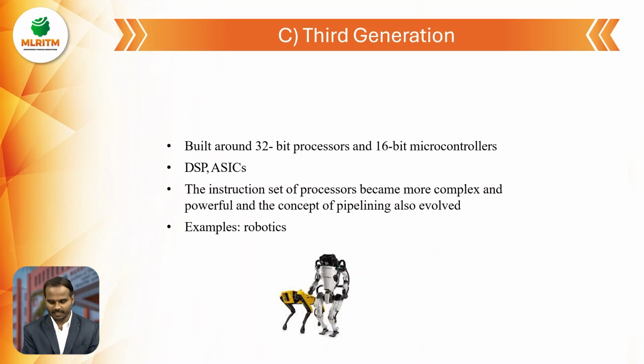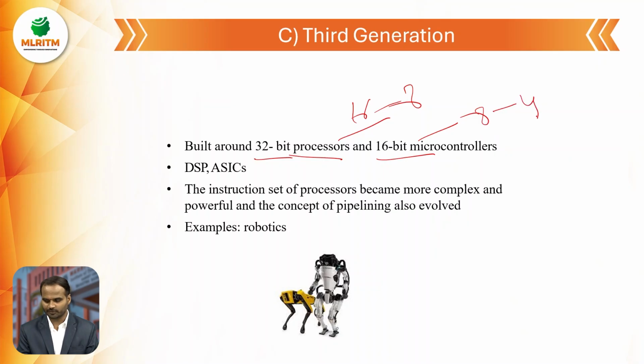It is also twice the second generation, which used 16-bit microprocessors and 8-bit microcontrollers, while the first generation used 8-bit microprocessors and 4-bit microcontrollers. We observe that each generation doubles the previous one. When we upgrade the generation, we also update the embedded system, from first to second and from second to third generation.